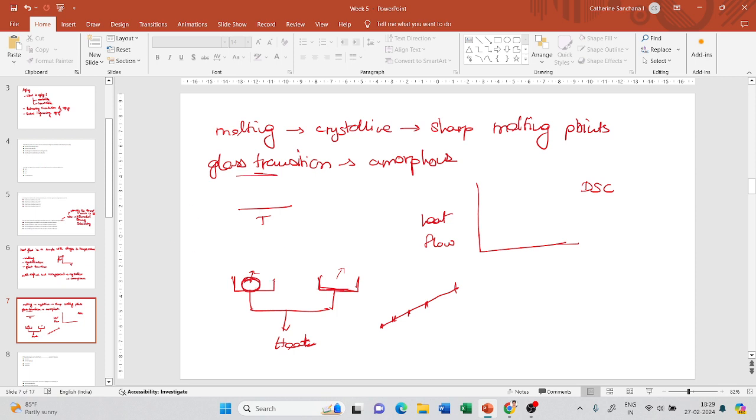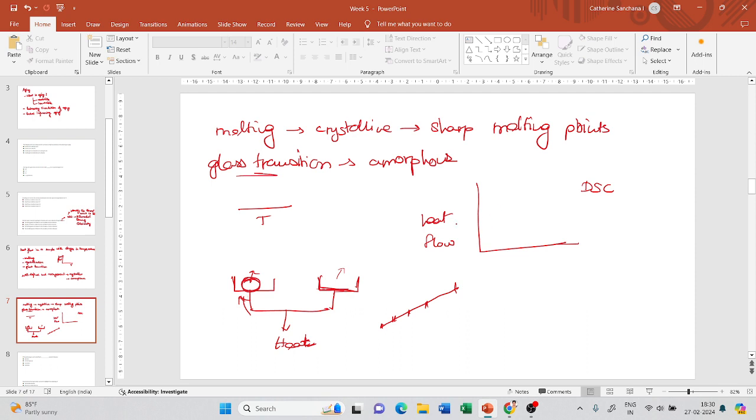So the heat energy either needs more energy or it needs less energy depending on the thermal event that it is undergoing, right? So the heat energy that needs to be supplied to this sample will not be constant, right? Because it depends on the sample and the thermal event it undergoes. So the heat energy is going to be different.